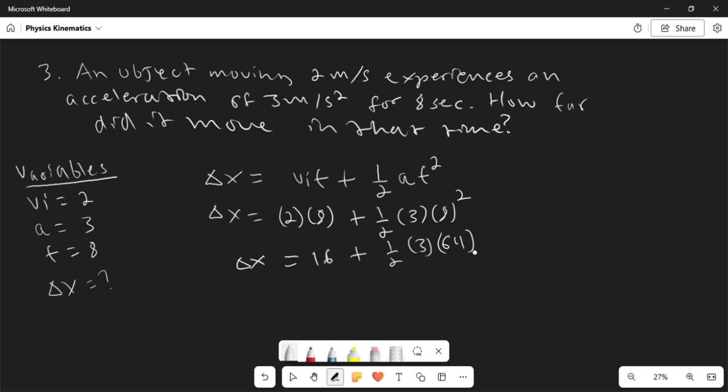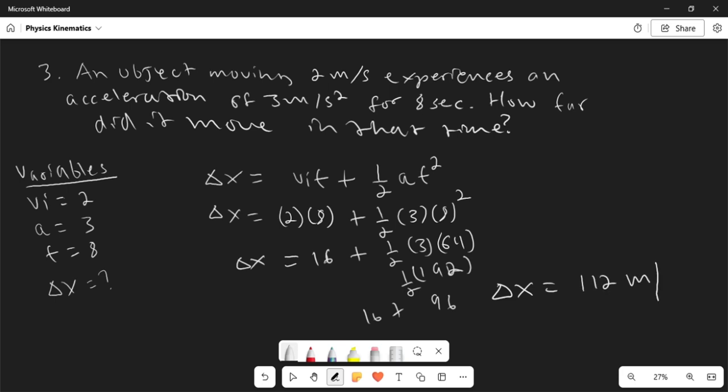So now we just have to multiply the 3 times the 64, which I believe is going to be 192. So that's 192 times 1/2, which gives you 96, plus 16. And that's going to give you a displacement of 112. So it's going to be 112 meters.